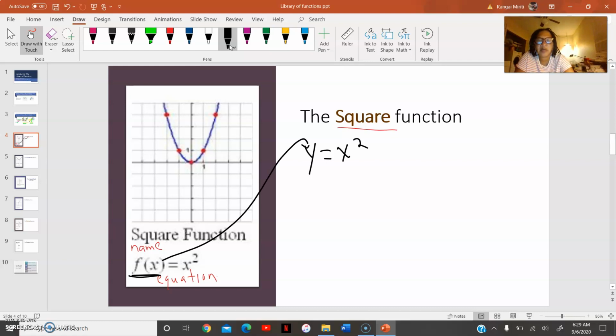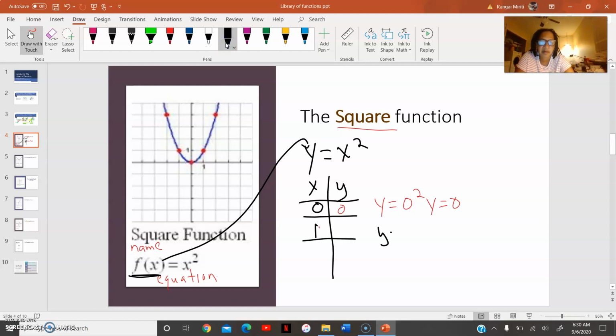And to find some points on this function, I can just put in something for x and get out something for y. For instance, if I put in 0 for x, that would mean that I would put 0 in the x spot and see what I get for y, and y would equal 0. Or I could put 1 in for x, for example, and y would equal 1.